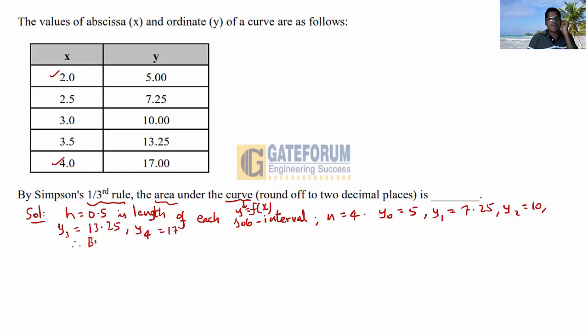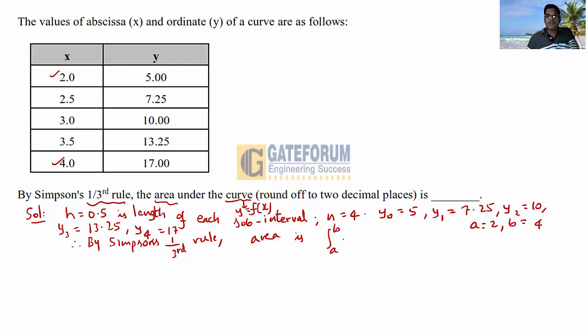Therefore, by Simpson's 1/3 rule, the area is the integral from a to b, where a is the starting value of x and b is the ending value of x, that is 4.